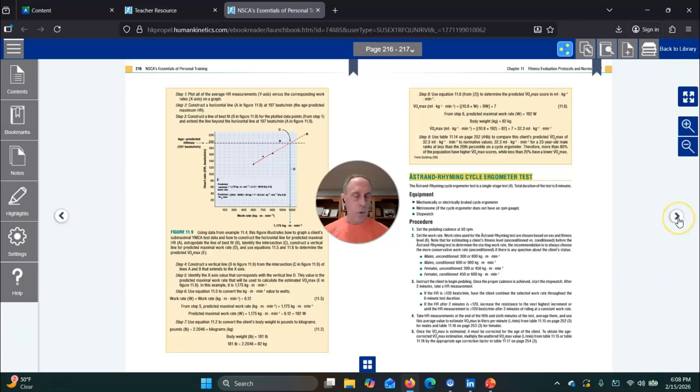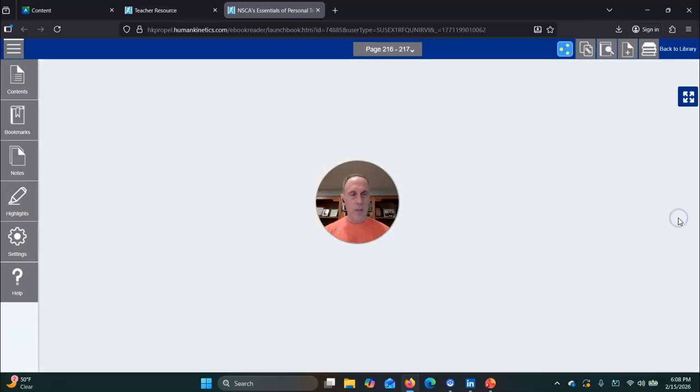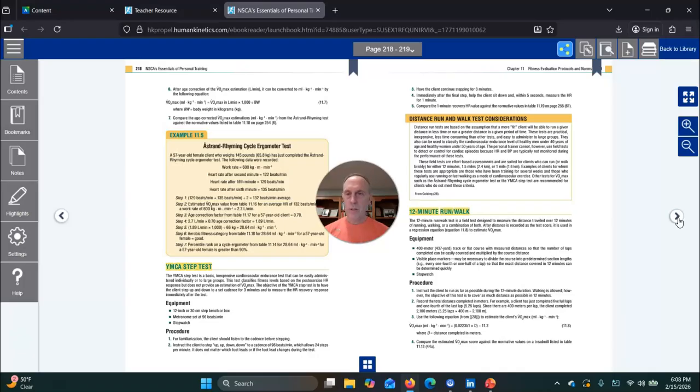So it's similar to the YMCA, but the end result is much easier to interpret in terms of how you take that information and process it, and then you use information on table 11-14 there to interpret your results. They then get into a YMCA step test, which is incredibly easy. It's a field type test that you can do right out in the field.